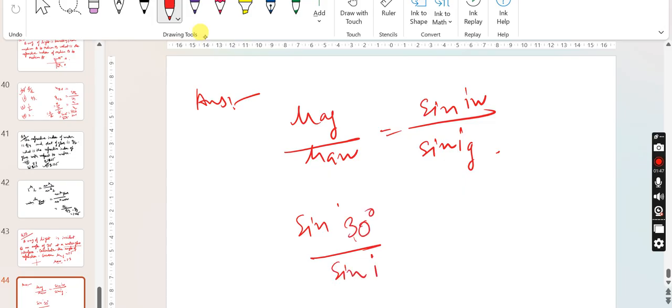We need to calculate sine i glass. That is 1.5 by 1.3.